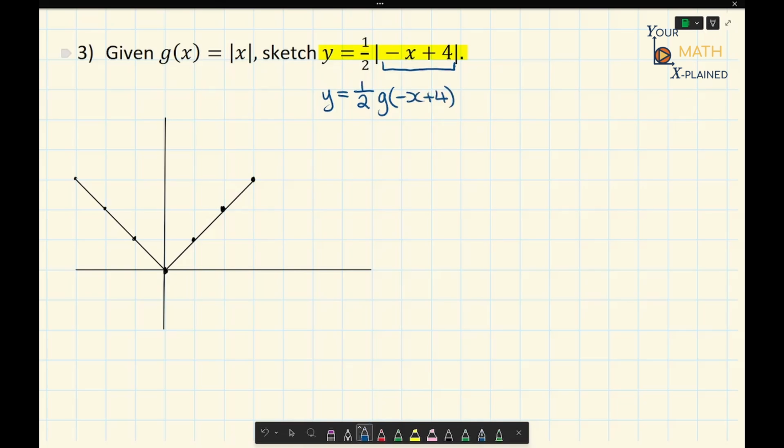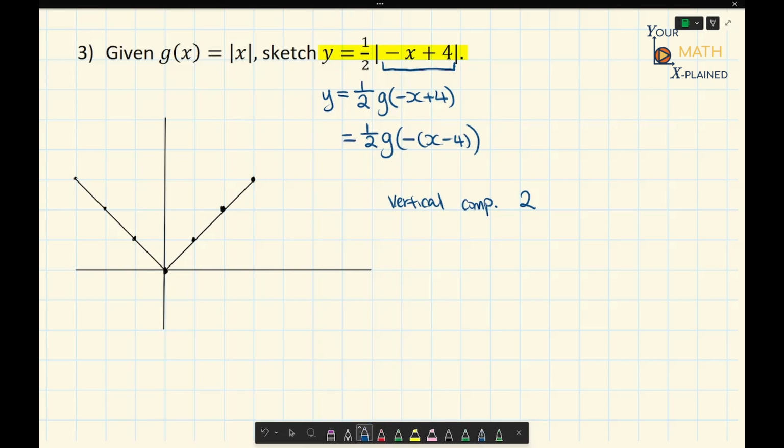So now let's go ahead and factor the negative sign in front of the x. Then we get 1/2 times g of negative, and then x minus 4. And now we can write down our transformations. Our a here is 1/2, which means we have a vertical compression by a factor of 2.